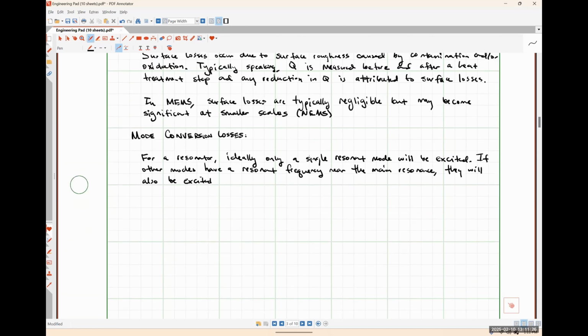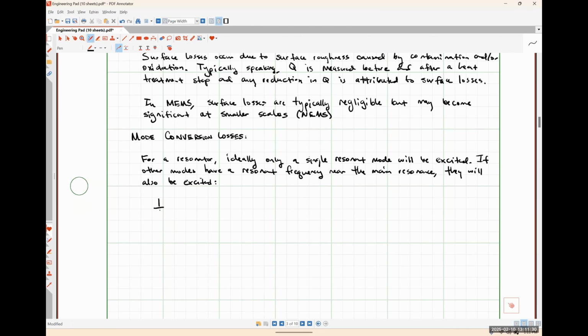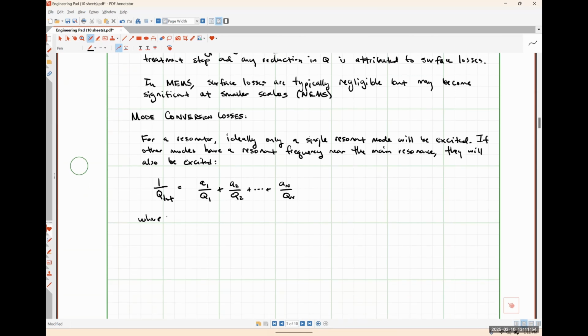So essentially what we would find is that the total quality factor due to mode conversion is going to look something like this, where we'd have A1 over Q1 plus A2 over Q2, et cetera, all the way to A sub n over Q sub n, where A sub i is the fraction of the total energy associated with each resonant mode.